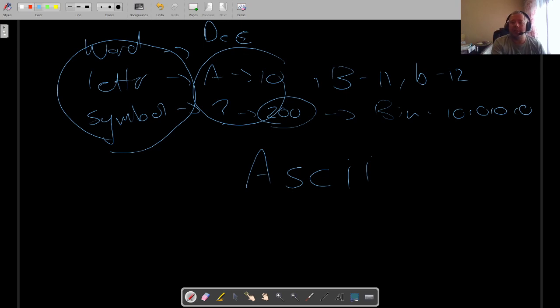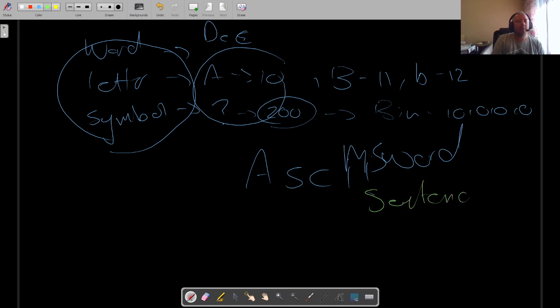But if I open up, let's say, Word, and I type in Microsoft Word, and I start typing out a sentence, the computer can't save the letter S. It first needs to convert it into binary.